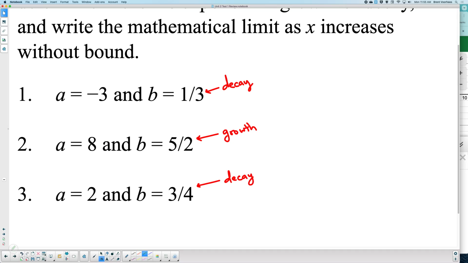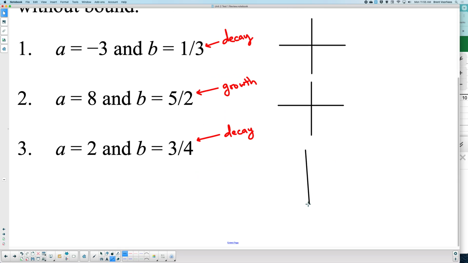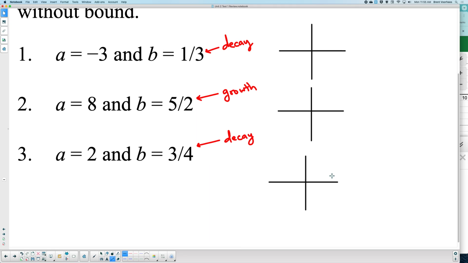Now, graphing it, the A value is like your initial value. So, just really quickly, I'm going to do very basic drawings for each of these three. Nothing special about them. The A value. What did I just tell you the A value represents?